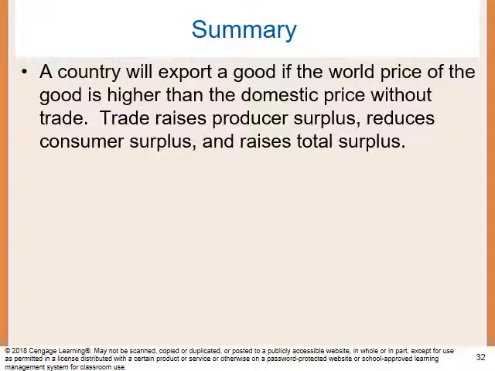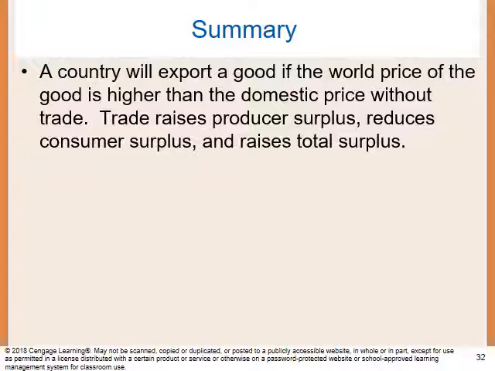Okay, so I will summarize this chapter. A country will export a good if the world price of the good is higher than the domestic price without trade. So a country is an exporter if the price of that good is higher at the international level.